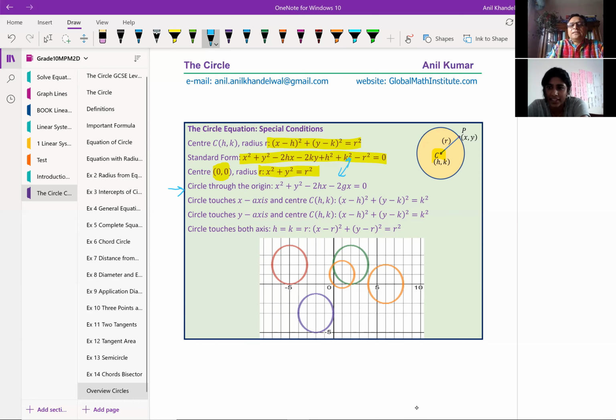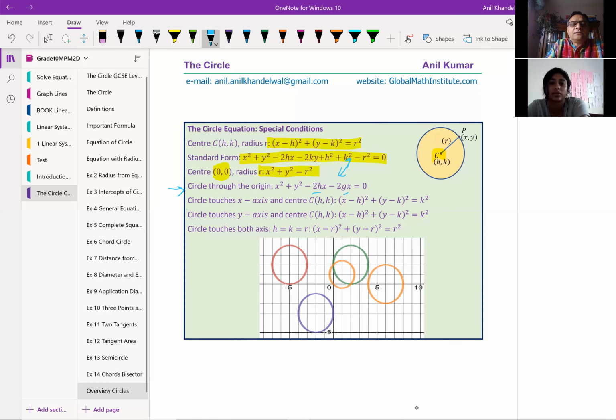In your equation, that C is 0. Get the idea? So if you see an equation where that C is 0, you know the circle is going through the origin. You got the idea, right?